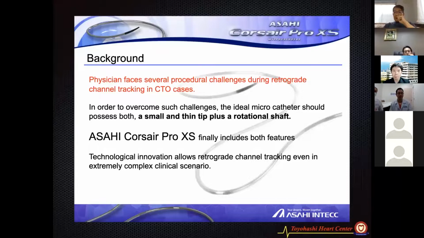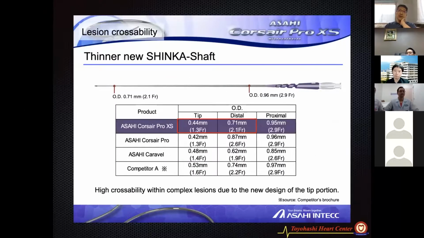Yeah, in the treatment of CTO, we often face situations in which we think a microcatheter which has both Corsair and Caravel characteristics at the same time would be useful. The position of the Corsair Pro XS is just between the Corsair Pro and the Caravel.